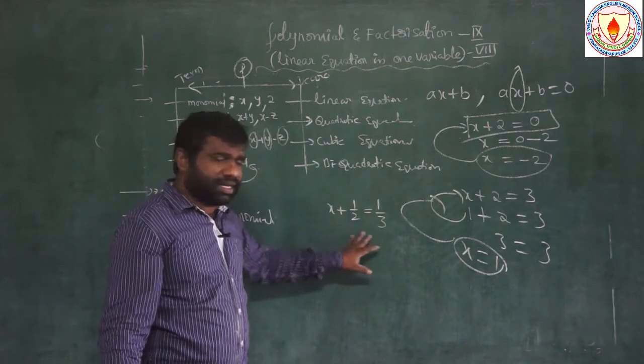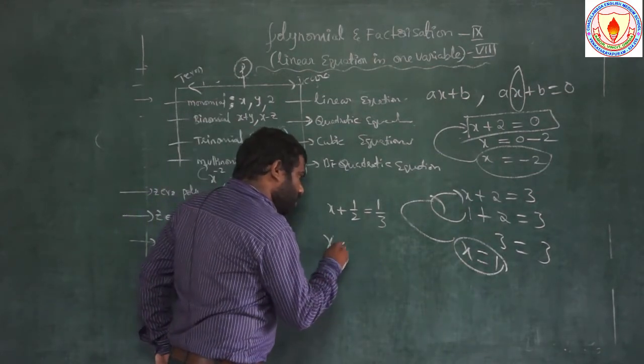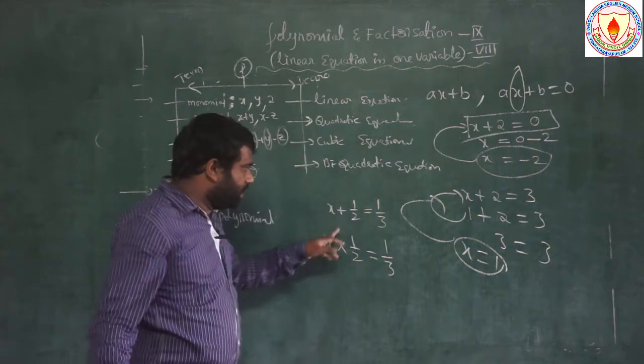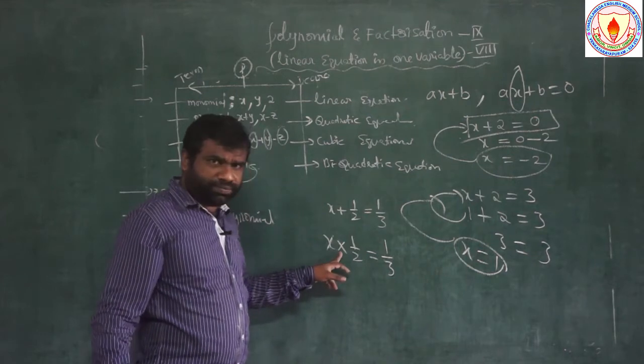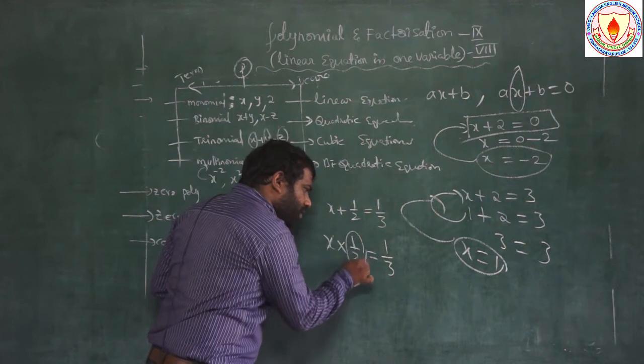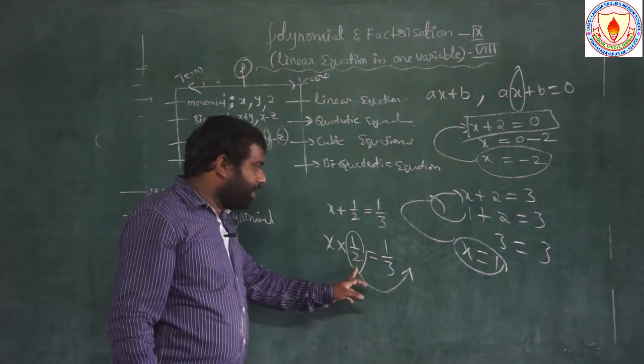In the same manner, x into 1 by 2 is equal to 1 by 3. Here fractions are there. For example, multiplication: x into 1 by 2 is equal to 1 by 3. This is different: here plus, here into. Here we have to see that when the fraction goes to the right hand side, it will be reciprocal.